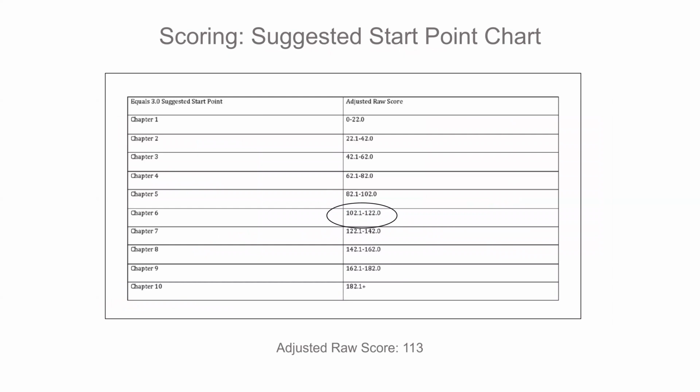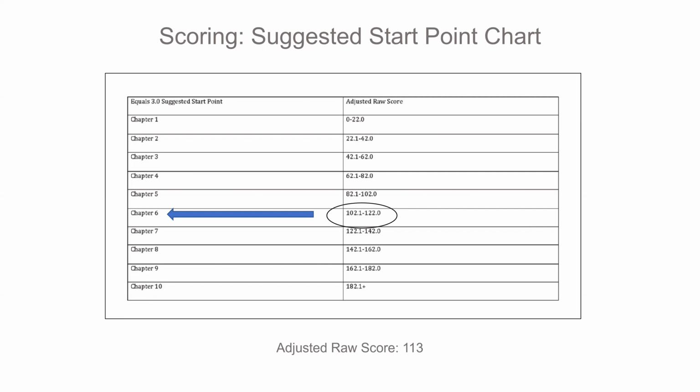Use the adjusted raw score on this suggested start point chart. This chart is found within the introduction in either assessment manual. The score of 113 falls into the Chapter 6 range. The range for Chapter 6 is a score between 102.1 and 122.